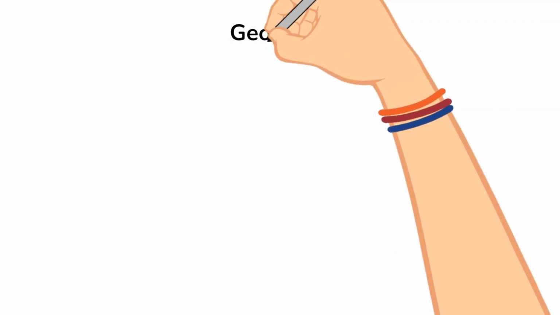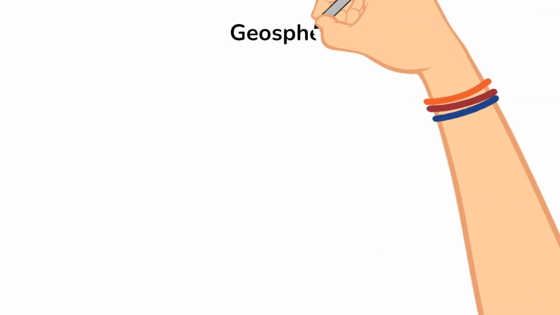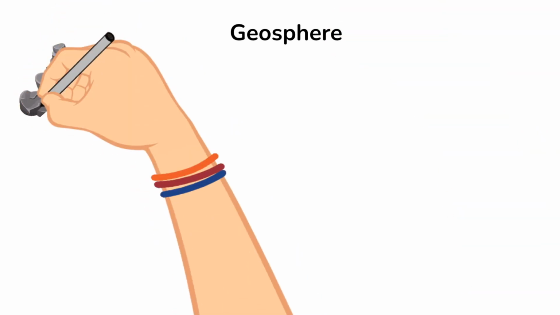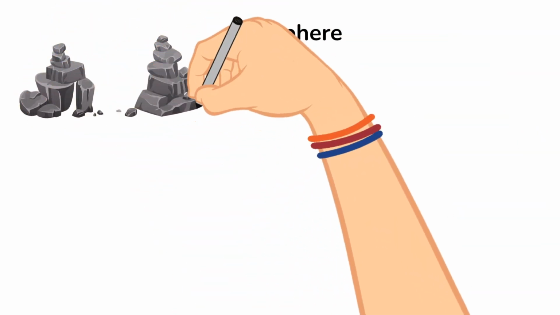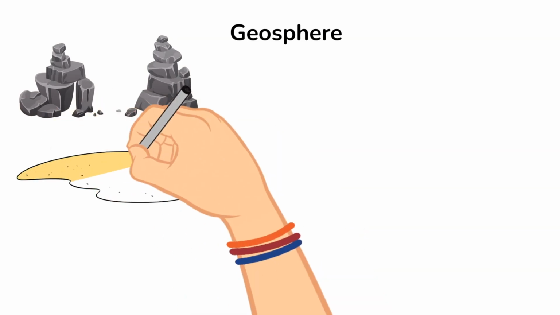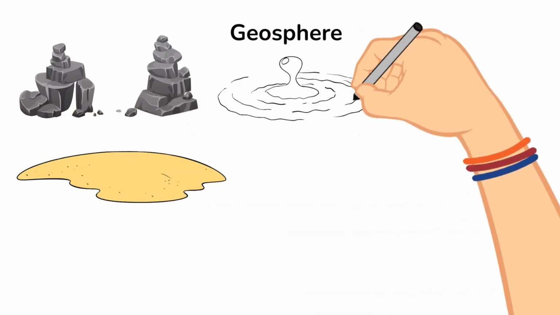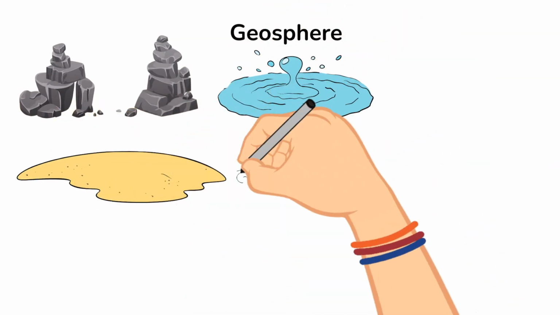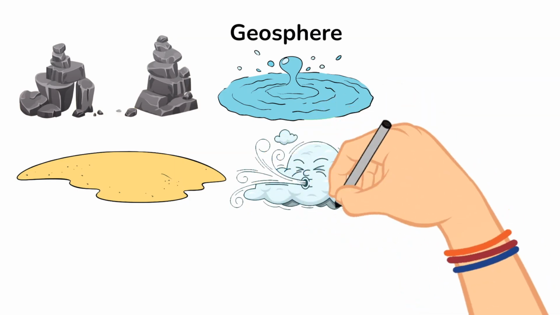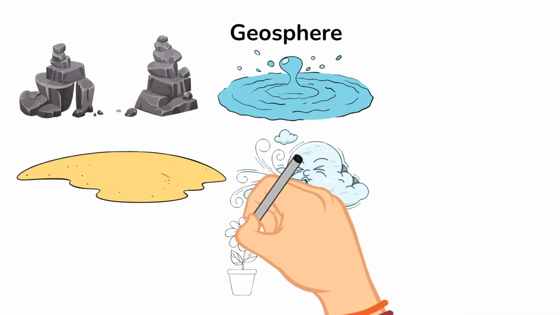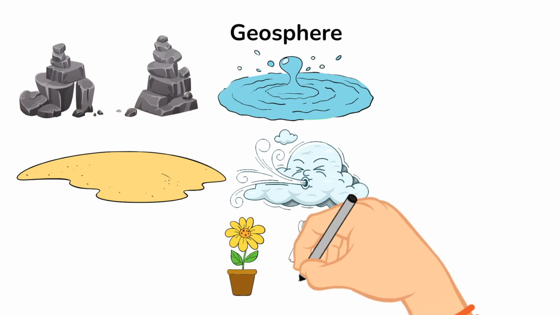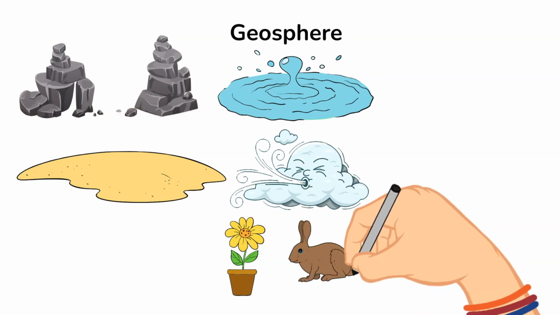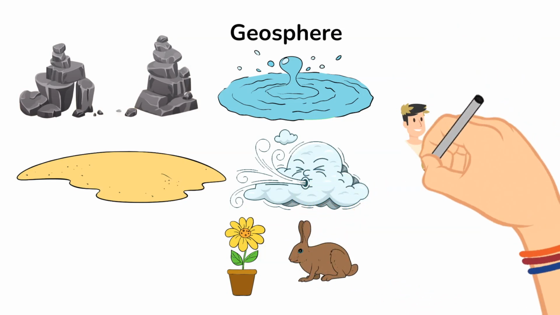Today we are going to be talking about the geosphere. But what is the geosphere? Well, the geosphere is not only the rocks, soil, and mantle of the earth, but it also includes the water, the air, and the components of life on earth. In Latin, the term geo means earth.